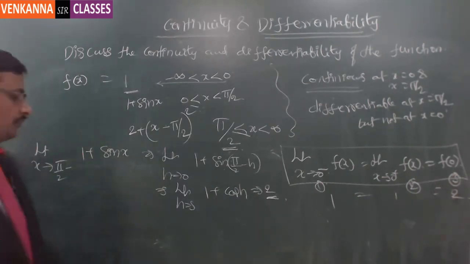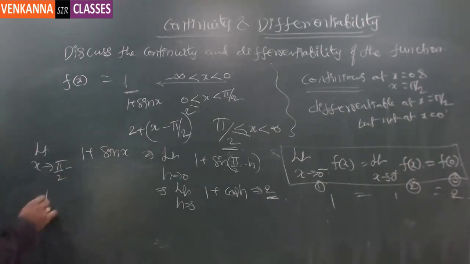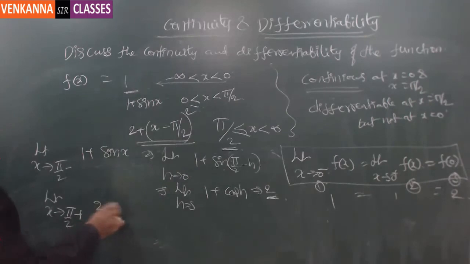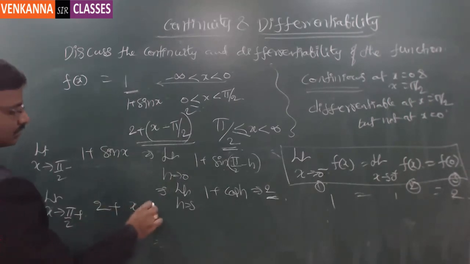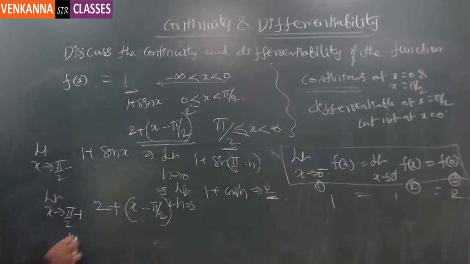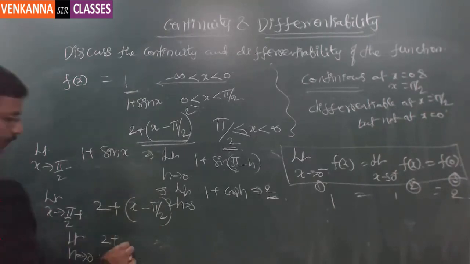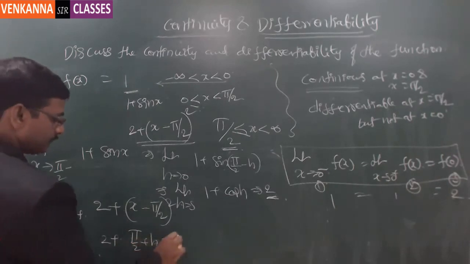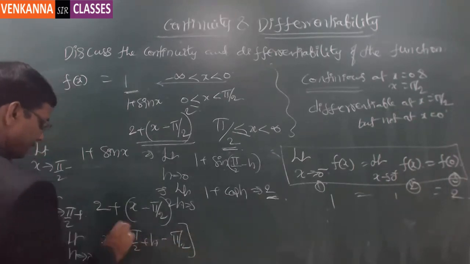Here, limit x tends to pi by 2 plus. So pi by 2 plus is this function, 2 plus (x minus pi by 2) whole square. So this is limit h tends to 0, and x can be replaced with pi by 2 plus h, minus pi by 2, whole square.